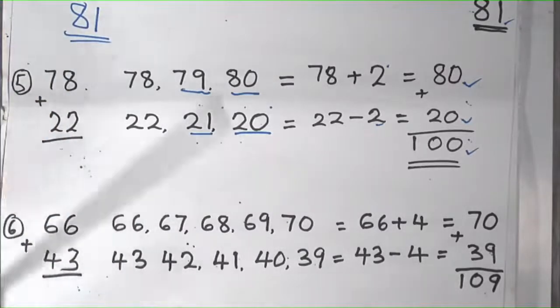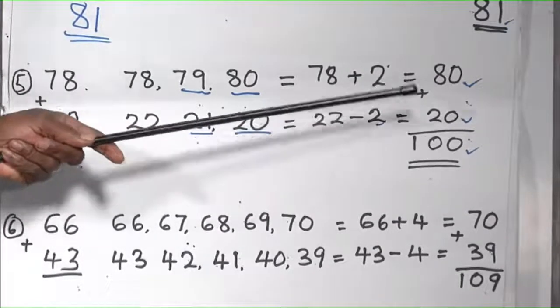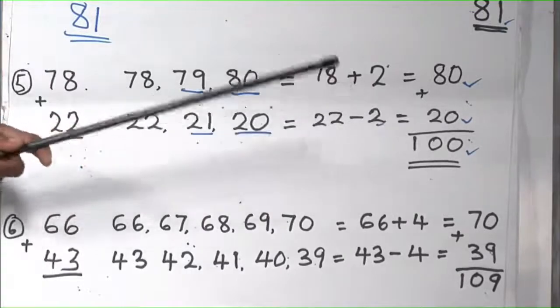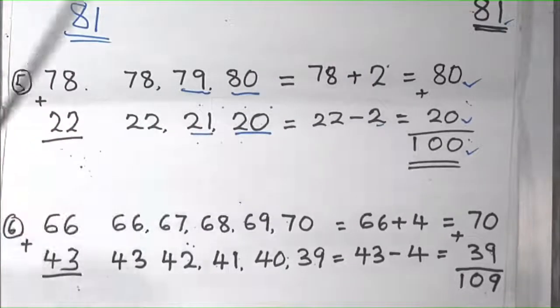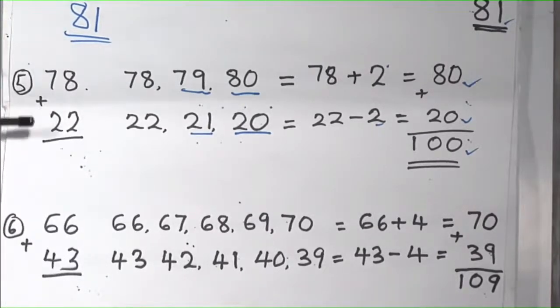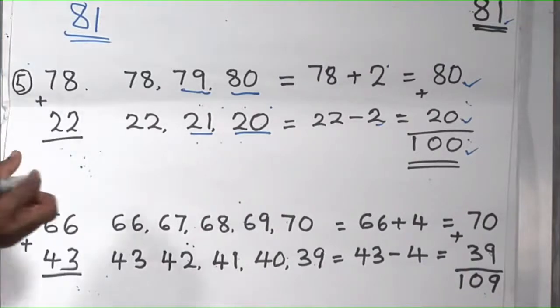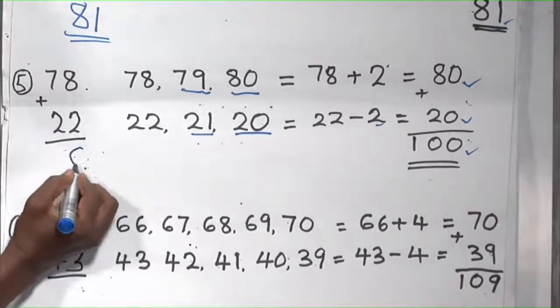Say it, 100. This 80 plus 20 is giving us 100. It is the same as 78 plus 22, and that will also give us 100.